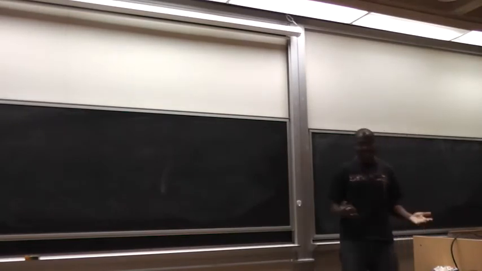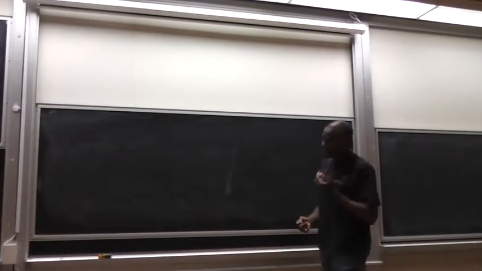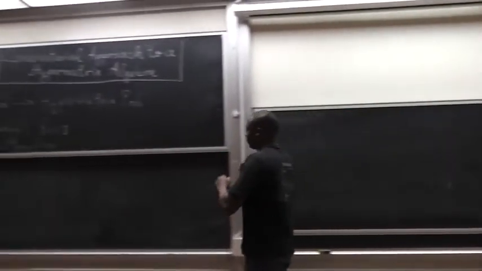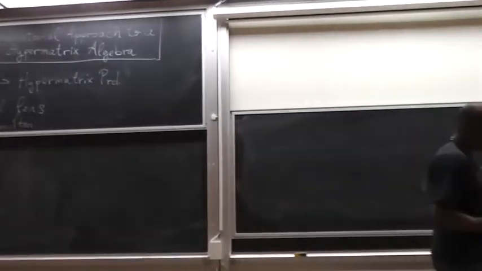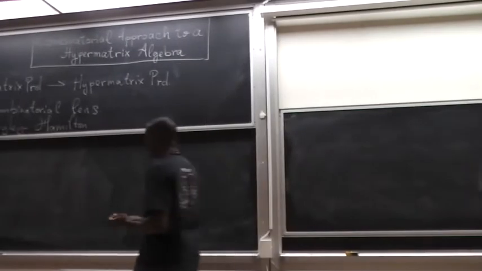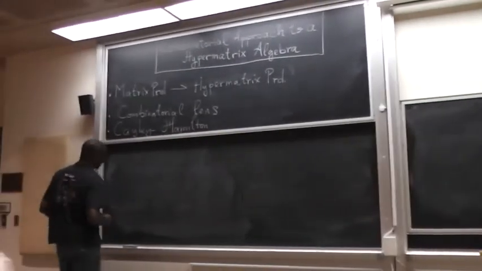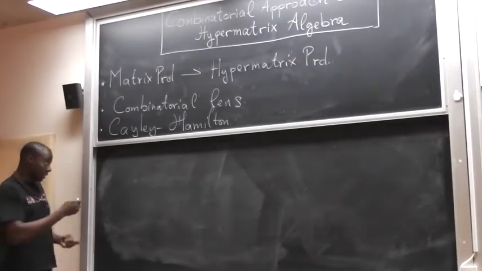All right, so let's warm up by reviewing matrix multiplication, and by no means insulting your intelligence. It's merely to emphasize the combinatorial depiction. So if you think about matrix multiplication, here's a mnemonic device I use, which is helpful to remember it if you forget it, but more importantly, it actually facilitates the digestion of the generalization.